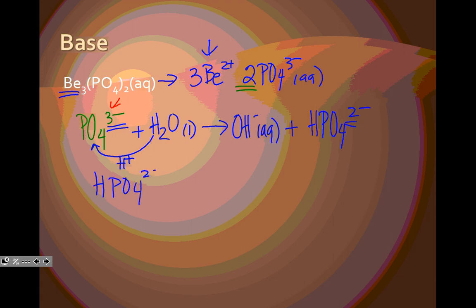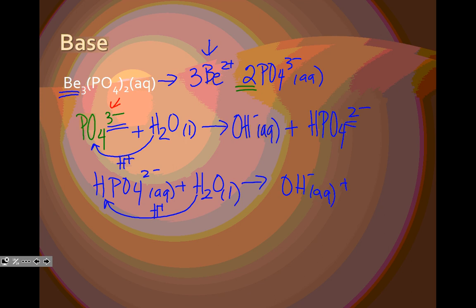HPO4 2 negative, plus H2O. This hydrogen is going to react again, and it's going to bring with it a positive charge. It's going to yield a hydroxide ion. And my next product is going to have an extra hydrogen. Now it's not 2 negative, it's 1 negative. So it's going to have to react 1 more time because there's still a charge here.